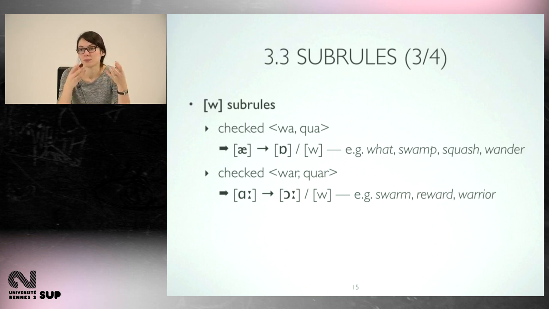But since the starting position is not the same as when you don't have R modification, the resulting value is different as well. So R becomes O, and you get war, swarm, reward, warrior, wall, and so on. Right. So these are the two W subrules that apply to the A vowel.